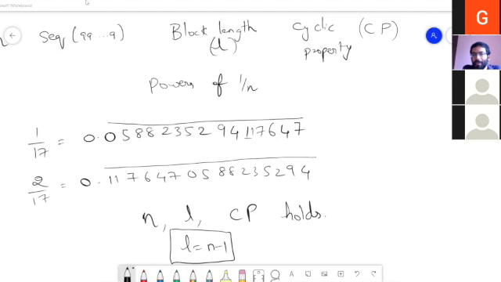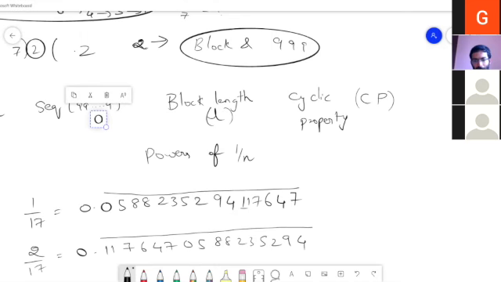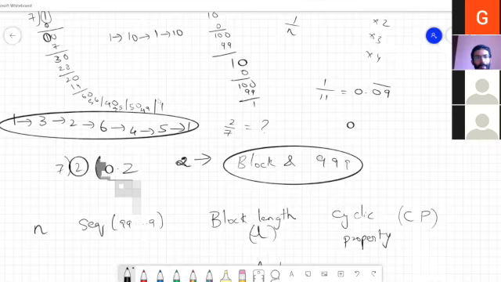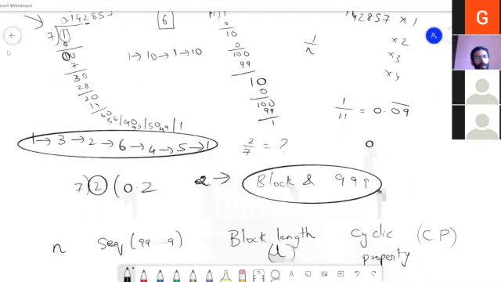The numbers which come as the remainders. So we'll call this a remainder cycle. For 7, this is the remainder cycle: 1, 3, 2, 6, 4, 5, and this goes back to 1.